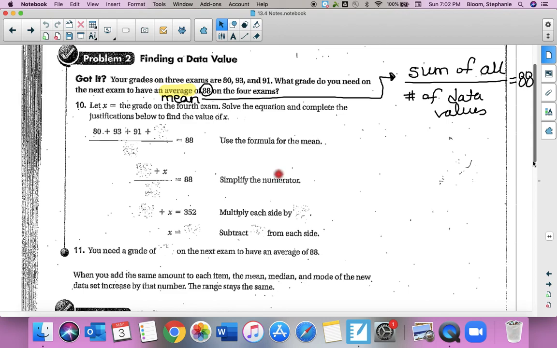So here's what we have. We have the first 3 exams, 80, 93, and then the other one, 91. We don't know what the 4th exam is. And when you don't know what something is, you put a variable for it, right? And then how many exams am I adding together? 4. So I'm going to divide by 4.